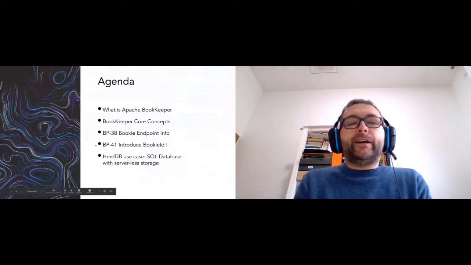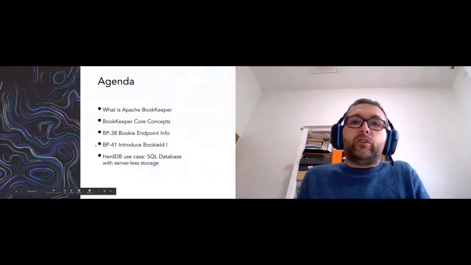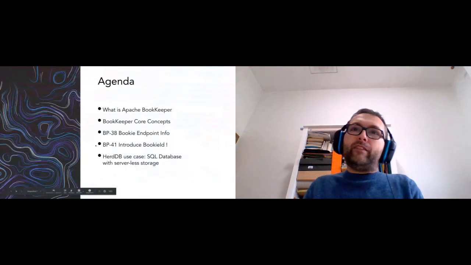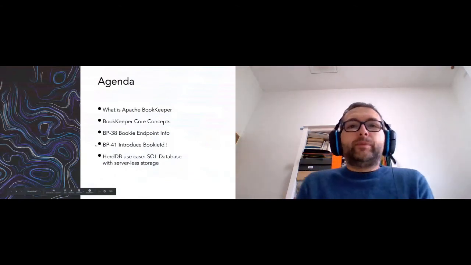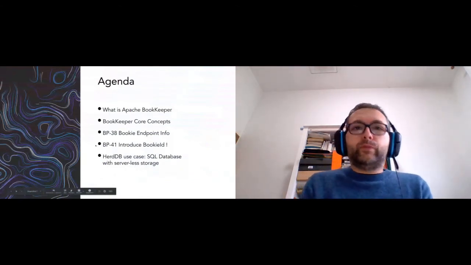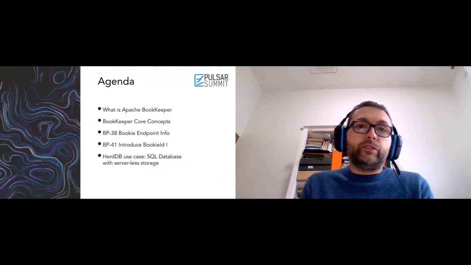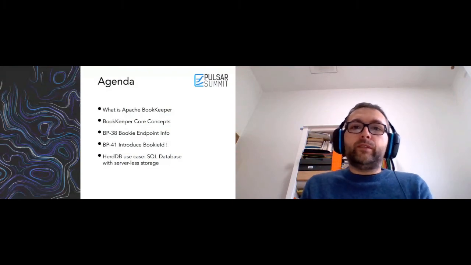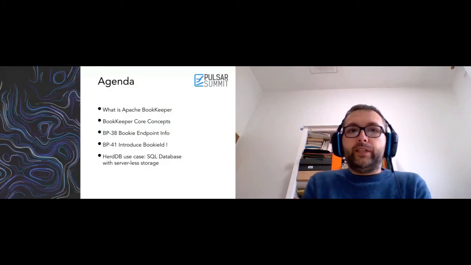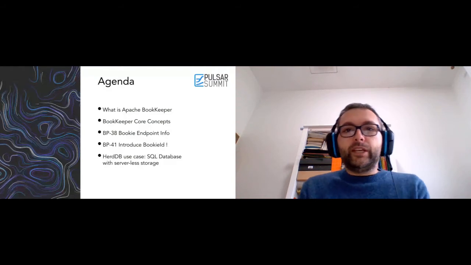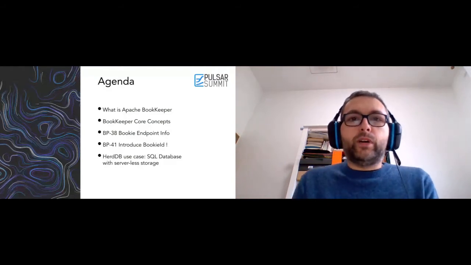We will start talking about BookKeeper core concepts, with a little deep dive into how BookKeeper works. We will see new recent features, the Bookie address endpoint info, BP-38, and the new Bookie ID, BP-41.